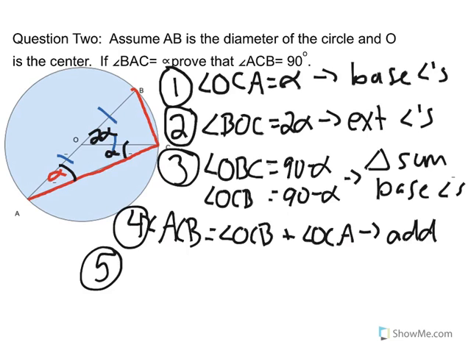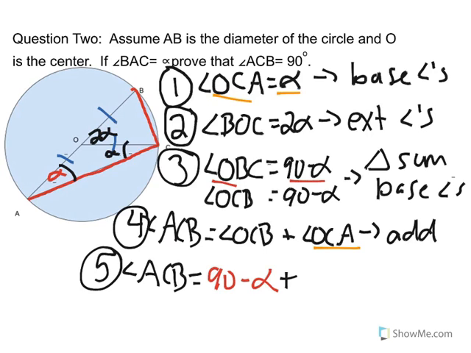And now I can substitute in what I know. So angle ACB, in what we have written, OCB is equal to 90 minus alpha, plus angle OCA, we have equal to alpha.